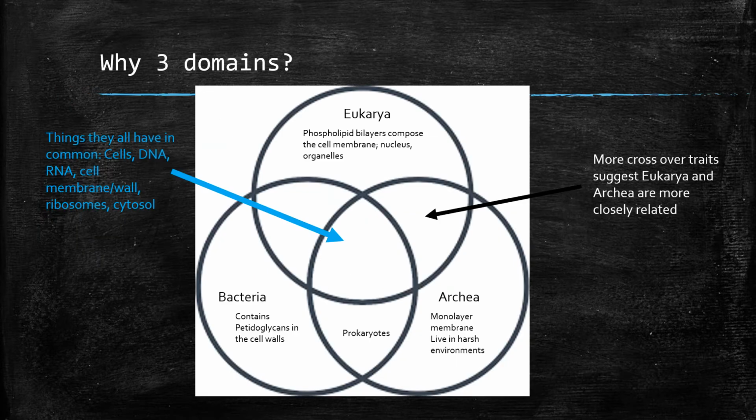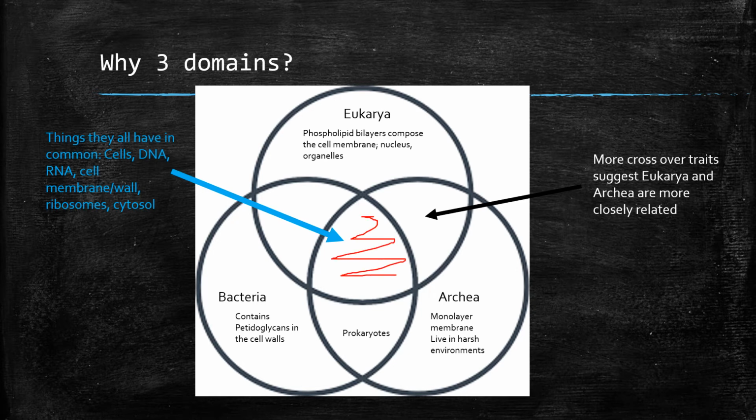Okay, so why 3 domains? Some of this is going to make more sense as we go into exactly what these different parts of the cell are. But in this Venn diagram, the first thing we're going to look at is what all 3 domains have in common. That would be in this section right here.